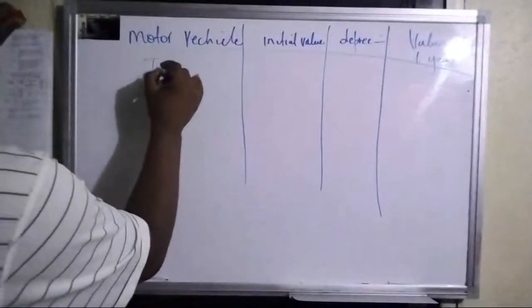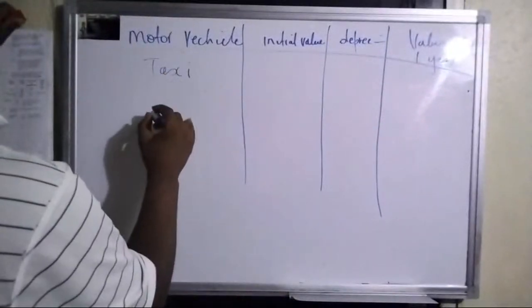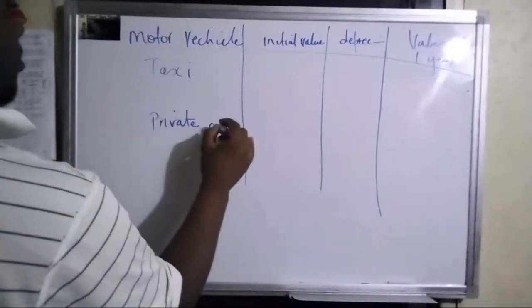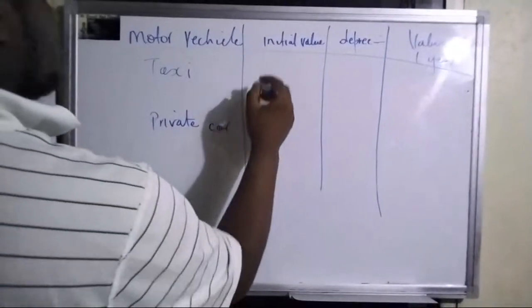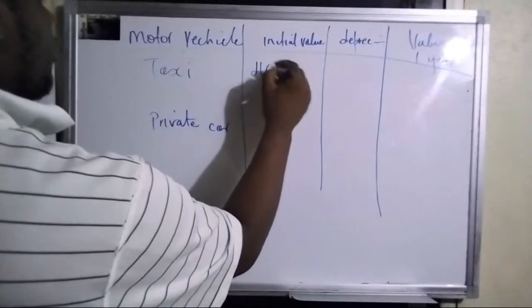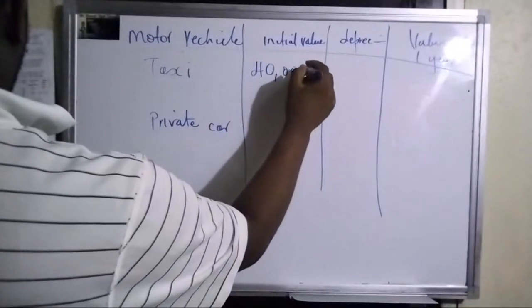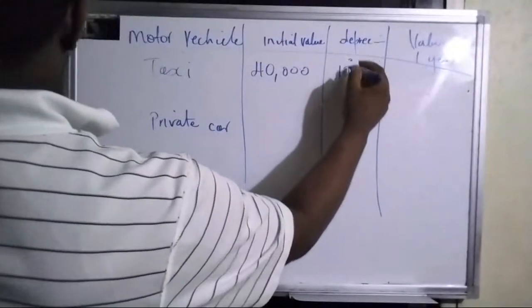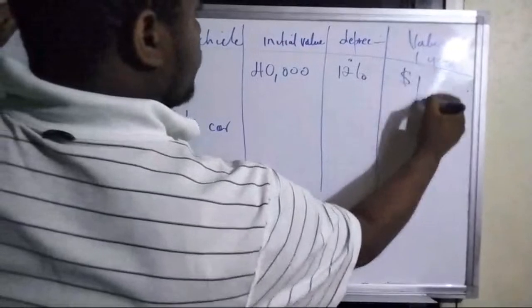They said this is taxi, this is private car. And the initial value was $40,000. Depreciation of 12%. And you have to find the value after 1 year.